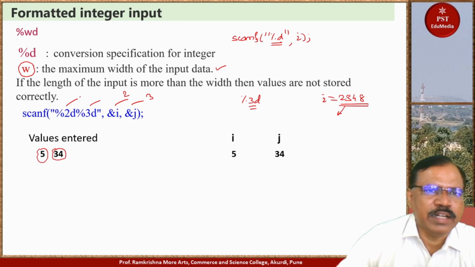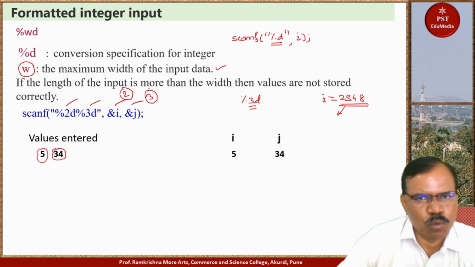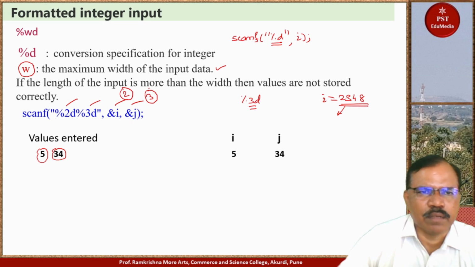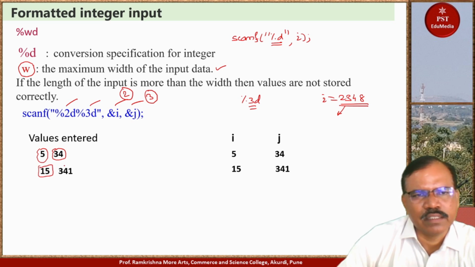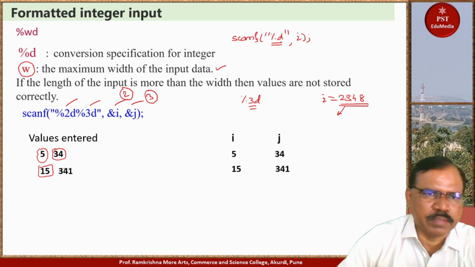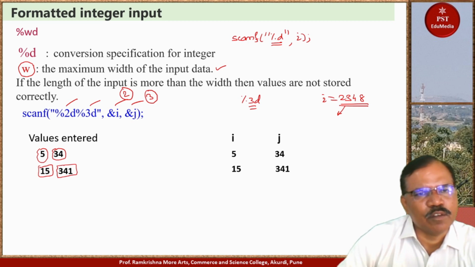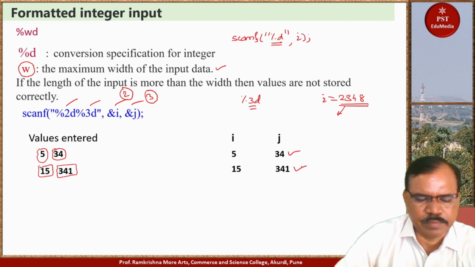The widths are more than needed, so these numbers are taken properly. If we take 15 and 341: for i, the width is 2 and the number is 15, so no problem there. For j, the width is 3 and the number is 341, so the first one and the second one are stored properly.